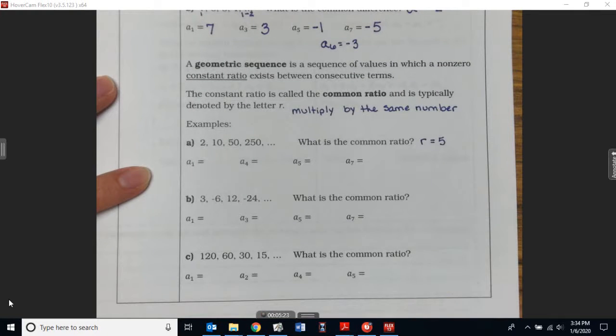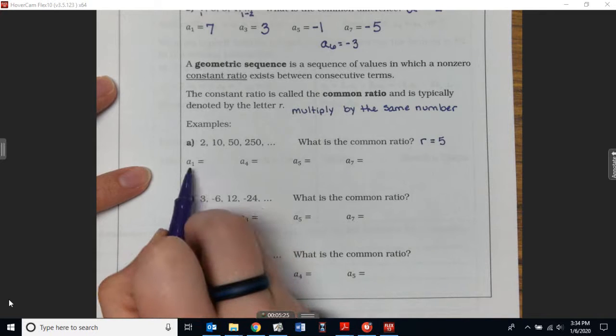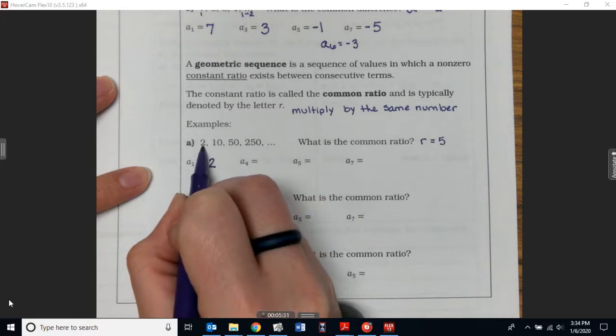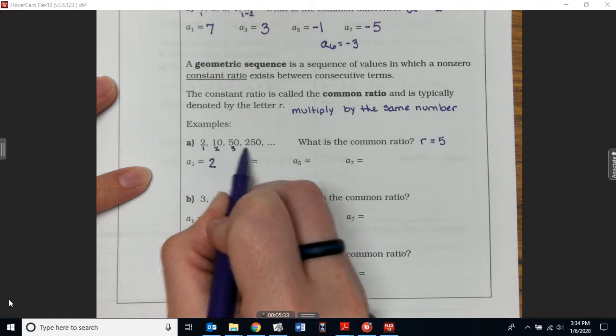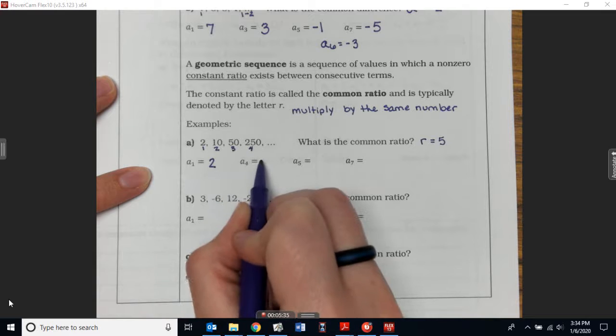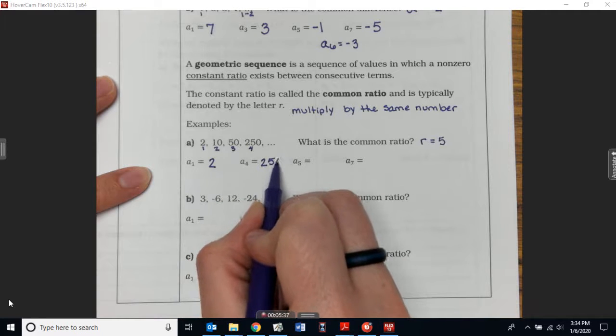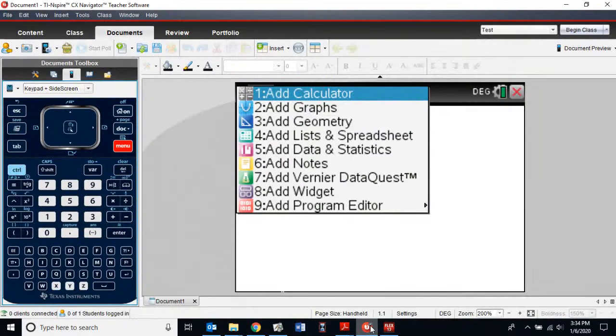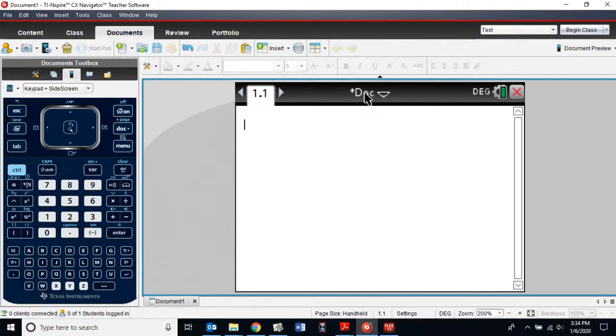And again, we can fill in our terms here. The first term is 2. The fourth term, so there's 1, 2, 3, 4, my fourth term is 250. And if we multiply that by 5, let's just grab our calculator real quick. I have 250 times 5.